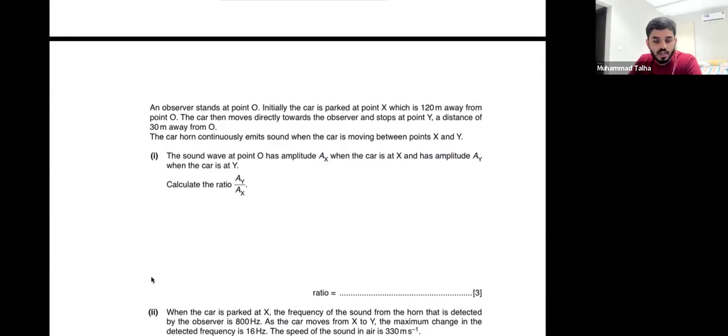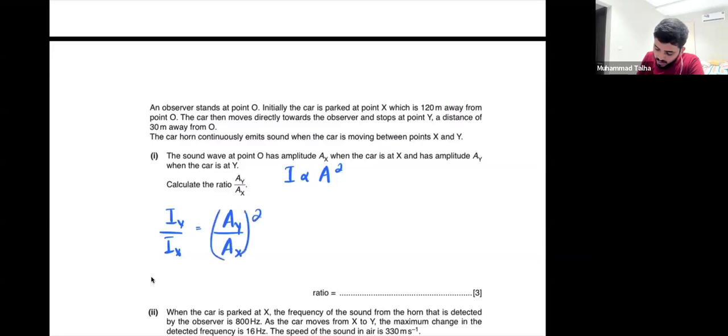Again, whenever you see this word intensity, your mind should already be going towards this relationship. If I want to find the ratio of intensities, one way I could rewrite this equation is IY over IX equals AY over AX squared.